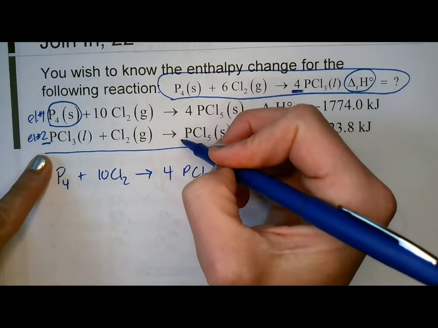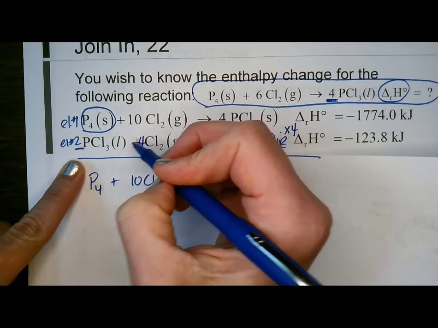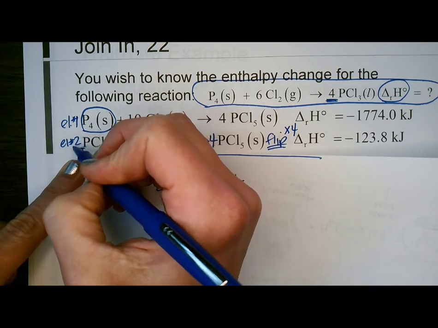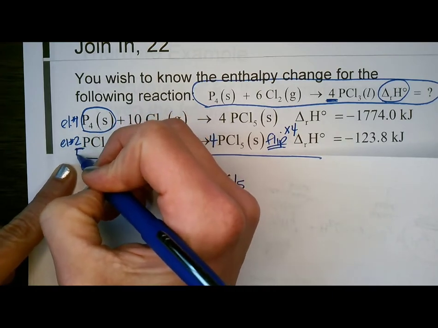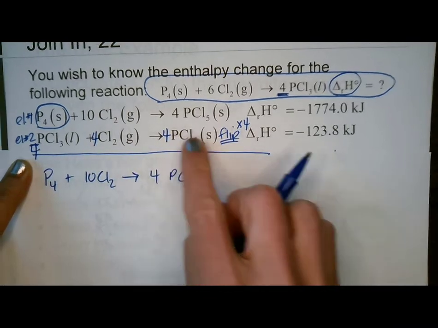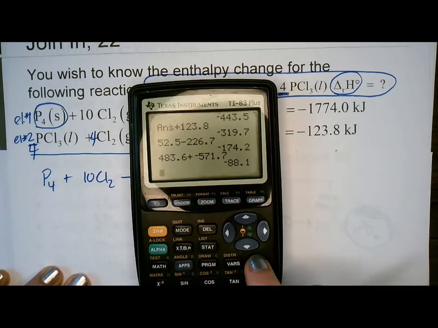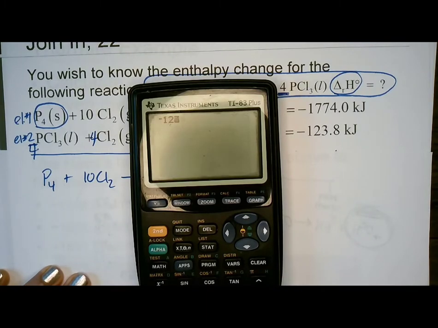So let's do that. First, I'm going to multiply everything by 4, just because that's easy to do right here. 4, 4, 4. But remember, whatever I do to this, I have to do to my delta H. So negative 123.8 times 4.